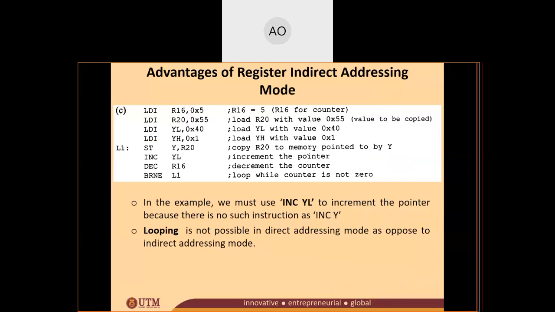Okay, now we go to part C, which is using the indirect addressing mode, but with a loop. So again, same thing, you have the number 55, you're going to send to address 140 to 144. So now you are going to use a loop. So how to do that?